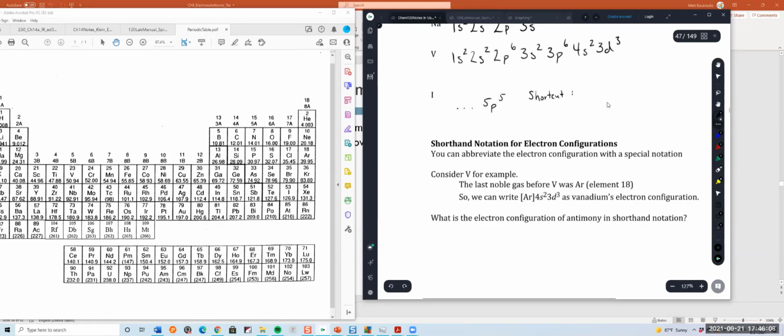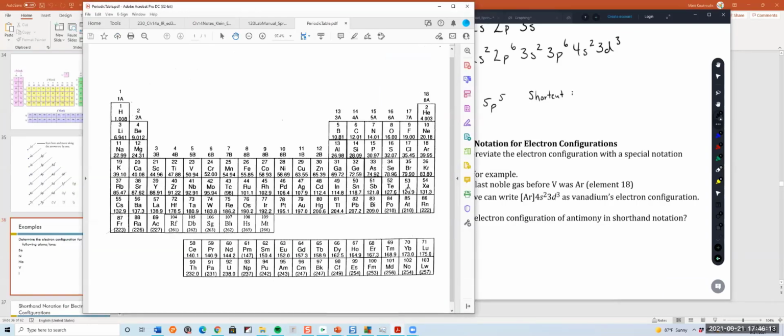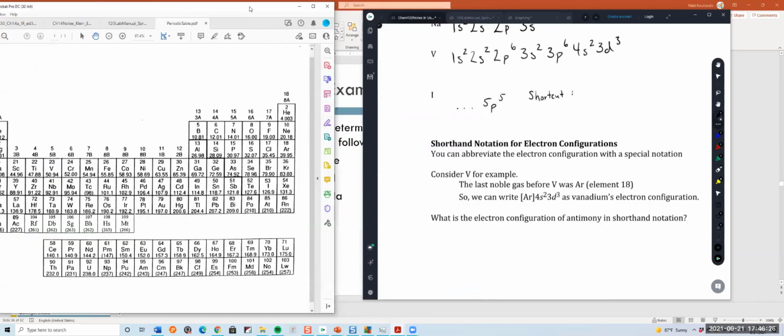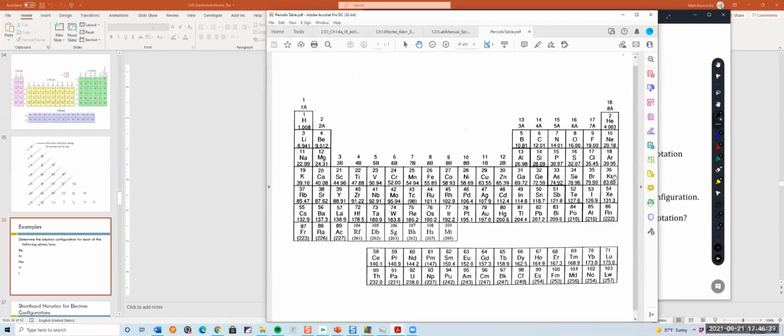So iodine, what's the last noble gas that we saw? It was xenon. No, krypton, right? Iodine is here. We haven't got to xenon yet, so it's krypton. And so then after krypton, we would have 5s2.